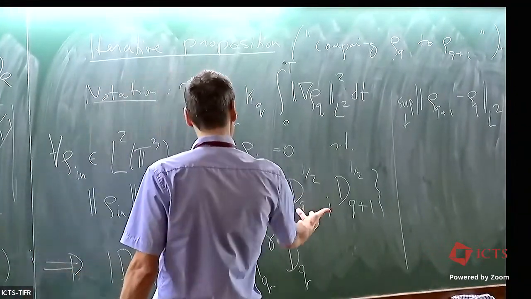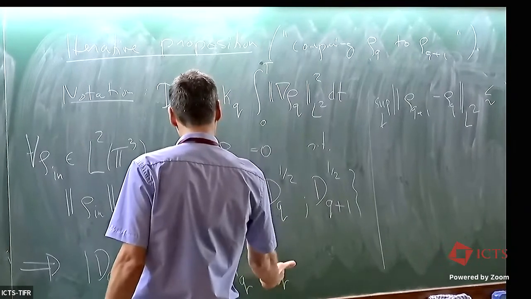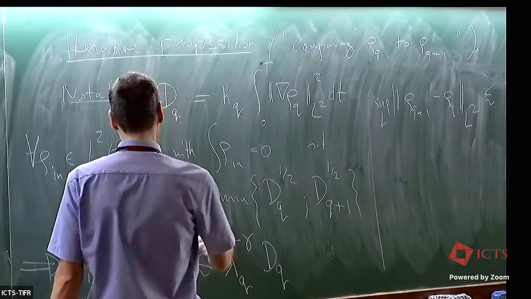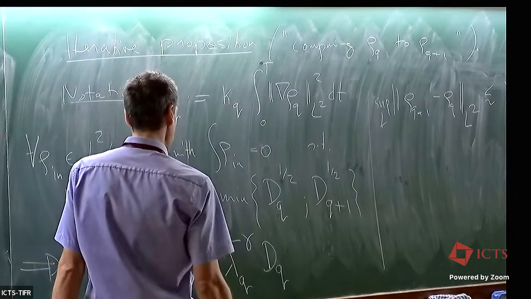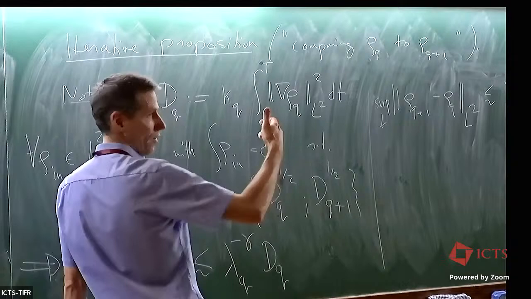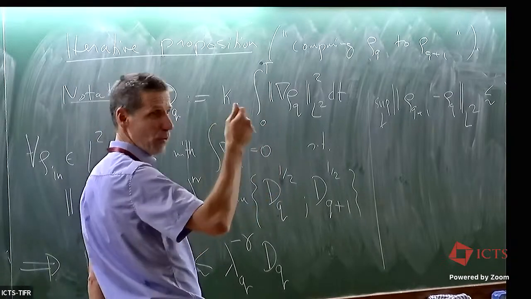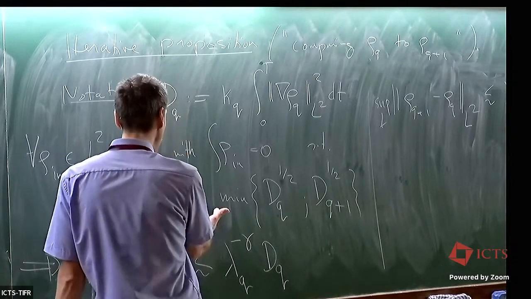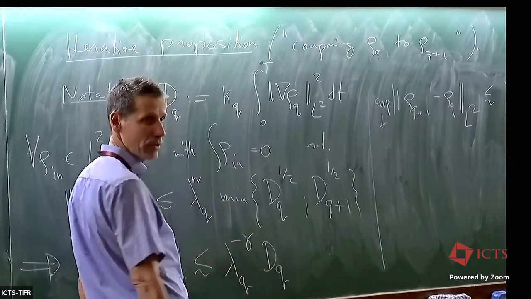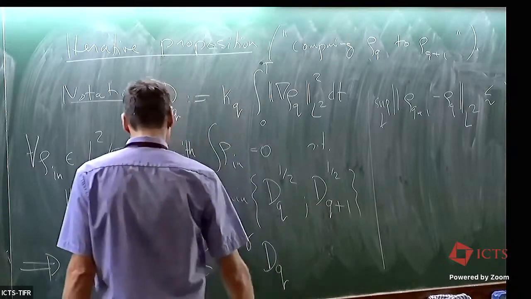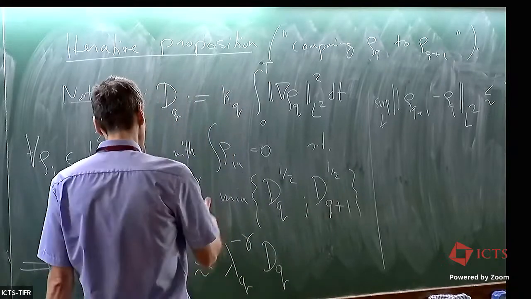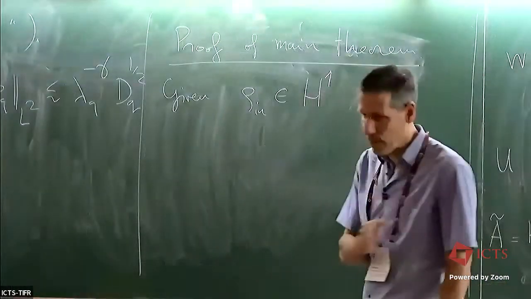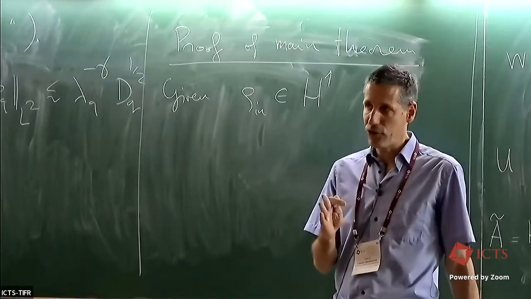If this is satisfied, it will continue to be satisfied for later q. So I need to find the first q where it's satisfied. It may not be q equals 0, because lambda 0 is not big enough. But eventually this is going to infinity very fast, and this is not going to decrease that much. That first q0 is where the inertial range starts.